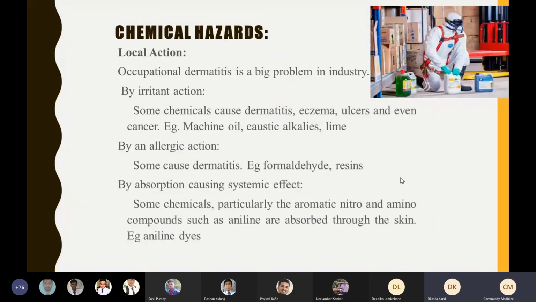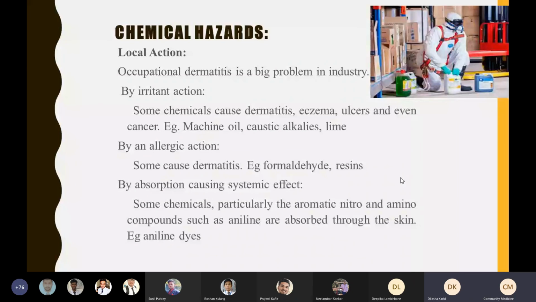Okay, see here, by irritant action, some chemicals cause dermatitis, eczema, ulcer, and cancer. Examples are alkalis, lime, and different types of oil. By allergic action, when exposed, certain chemicals cause allergies and can lead to dermatitis, especially formaldehyde or resins.